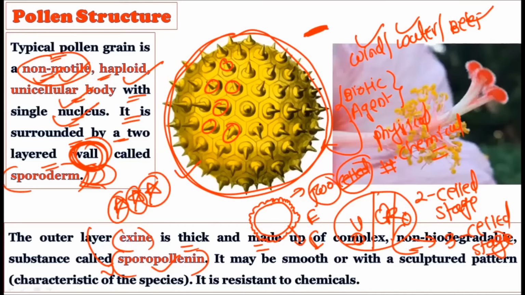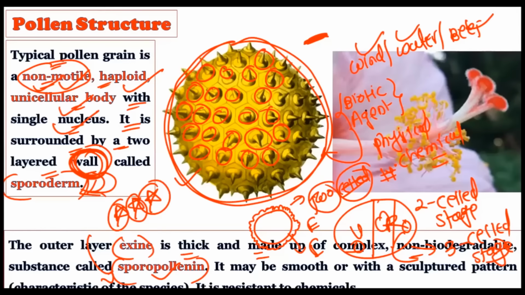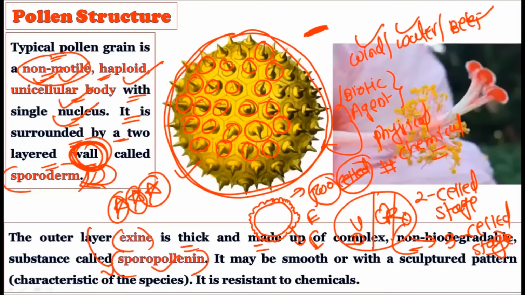So sporopollenin, which is present on the outer wall of the pollen grain called the exine, makes it very thick and resistant to environmental factors, whether temperature or pressure. Temperature and pressure cannot alter this pollen grain because of the presence of sporopollenin in its outer layer.